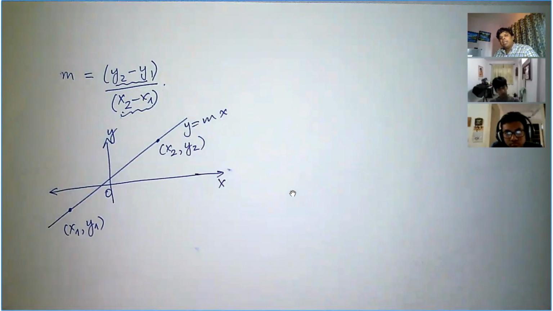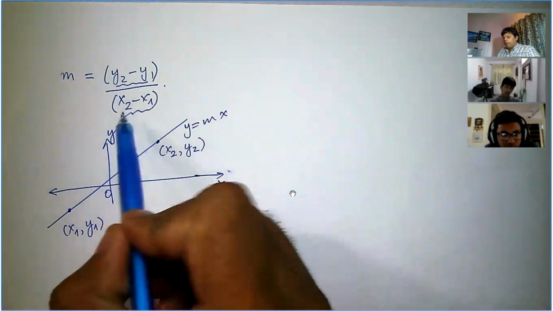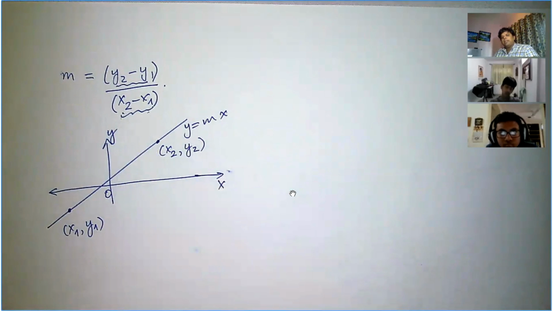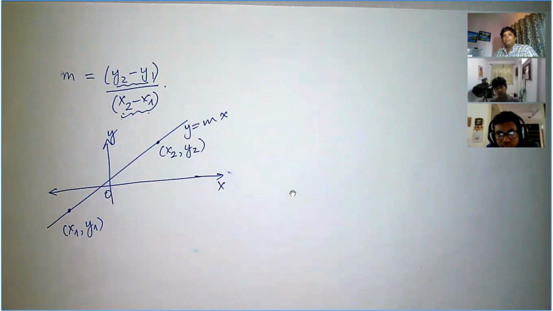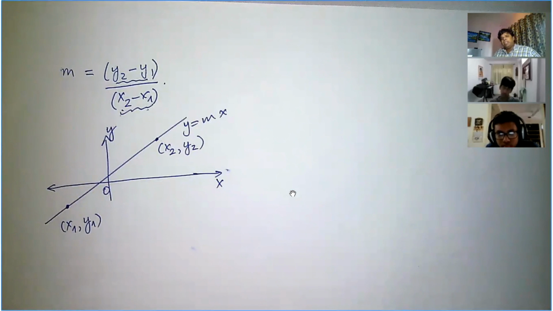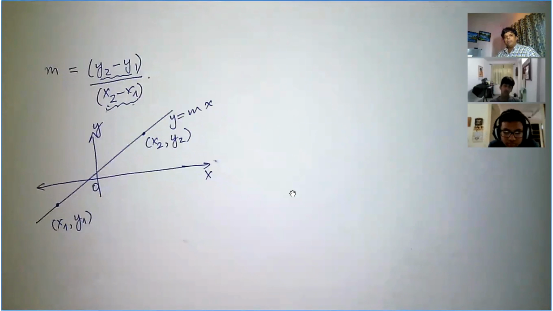That is exactly y2 minus y1, the change in y. And x2 minus x1 gives the change in x, so per unit change in the x-axis, I see how many units of change I get in the y-axis.